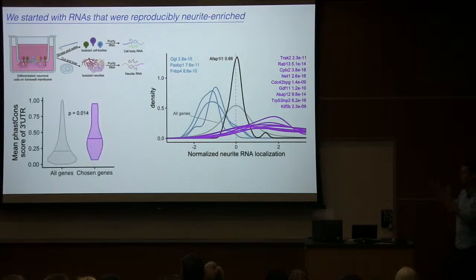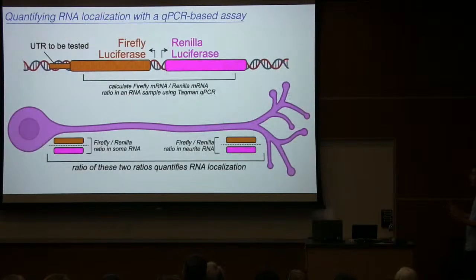We took their 3' UTRs, and we're basically asking what sequences within these genes are behind their localization to neurites. Perhaps unsurprisingly, the 3' UTRs of these localized genes are more conserved than you might expect.